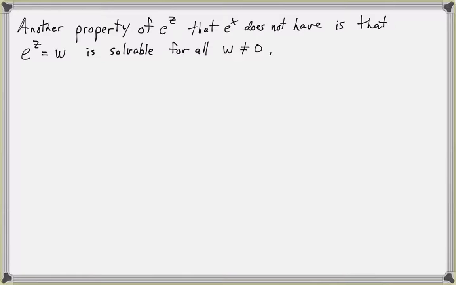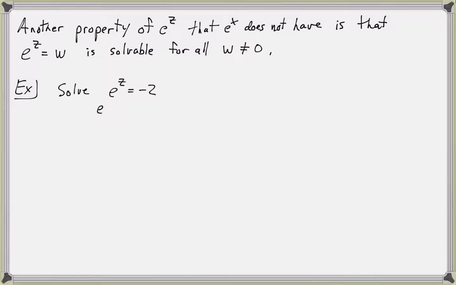In other words, e to the z takes on every complex value except for 0. So, for example, let's solve e to the z equals minus 2.